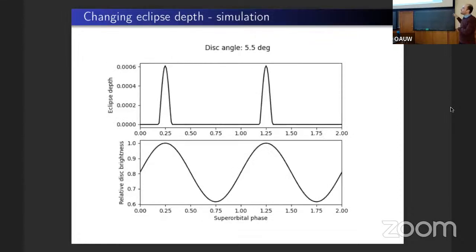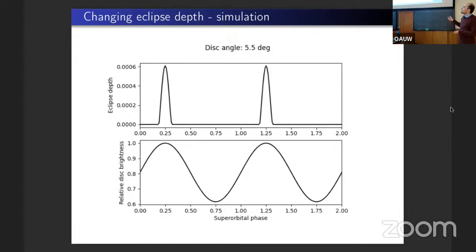But when we put the disk slightly outside of the orbital plane, we can see superorbital variability develop, and you can see some variability in the eclipse depth. This particular example is for my educated guesses of AQMan orbital parameters.